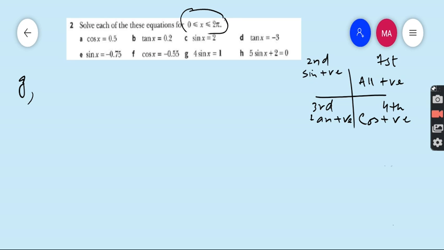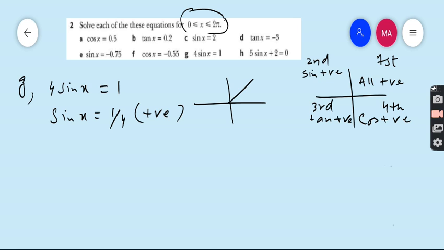Part G is 4 sin x is equal to 1. Sin x is equal to 1 upon 4. This is positive. Positive means the value lies in first and second quadrant.